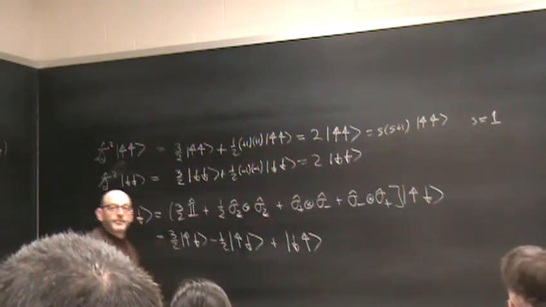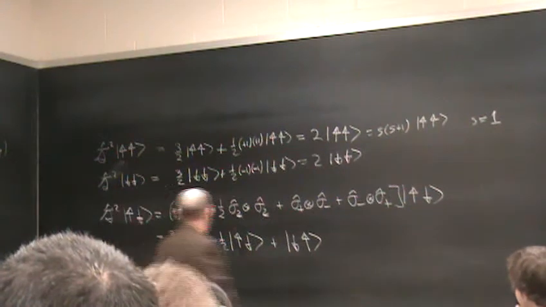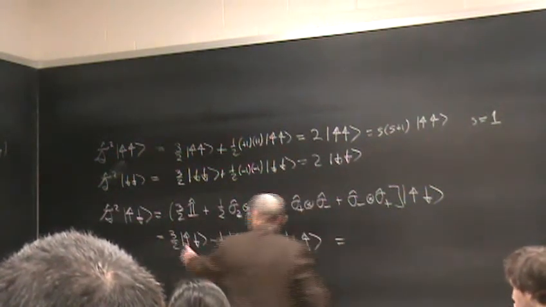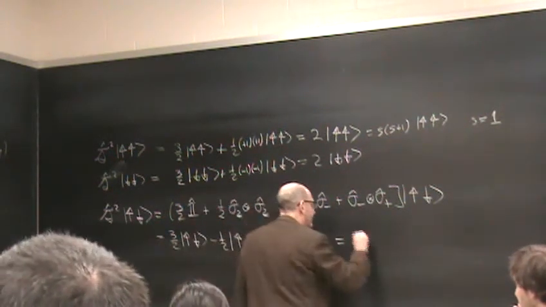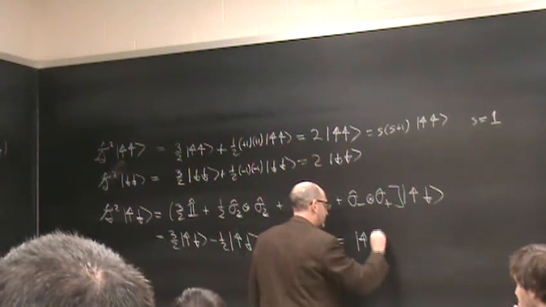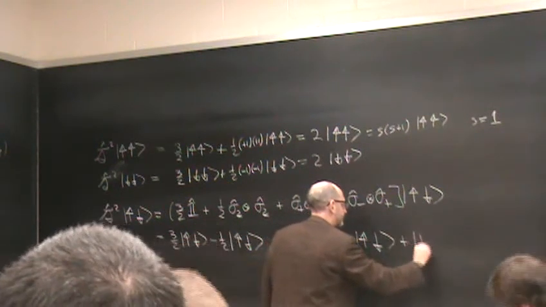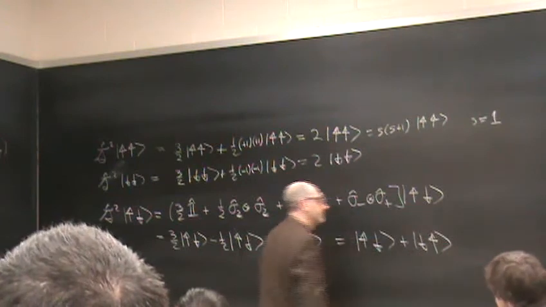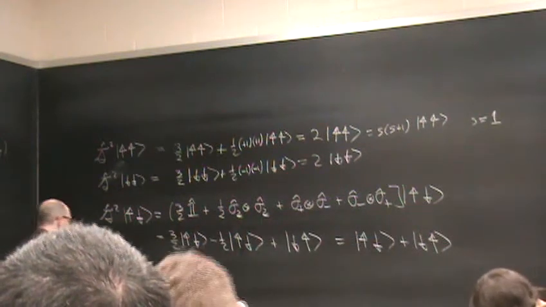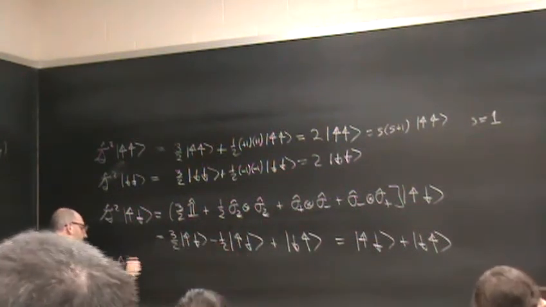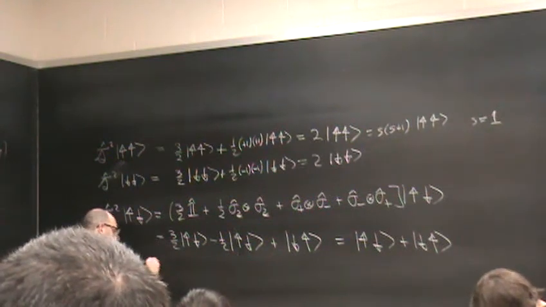And so putting it all together, we get 3/2 minus 1/2 is 1. This is up down plus down up. And if you do the same algebra on the other state, in fact, you get the same thing.